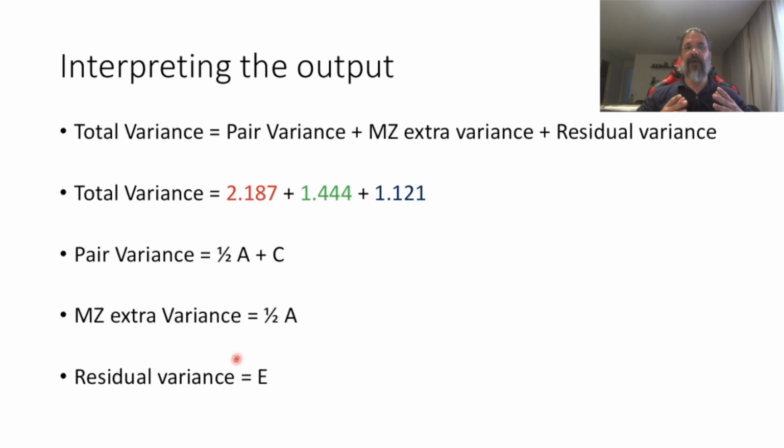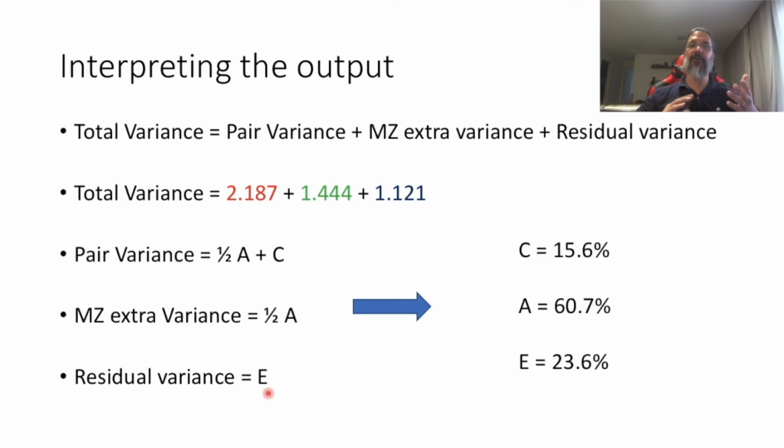And the residual variance is what's explained neither by the additive effect nor the common environment, if we are using an ACE model, so we can assume it's the unique environment effect. Putting in numbers, we can conclude that 15.6% of this trait variation is due to common environment variations, 60.7% is due to additive effects, and the unique environmental variation is responsible for the 23.6% left.